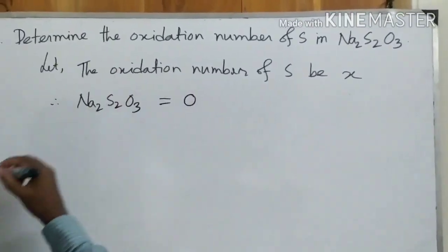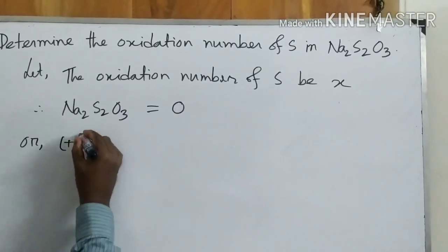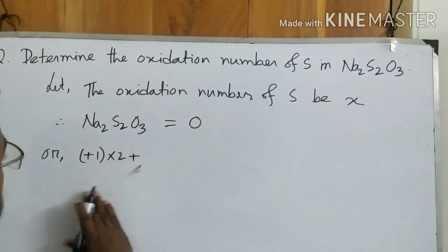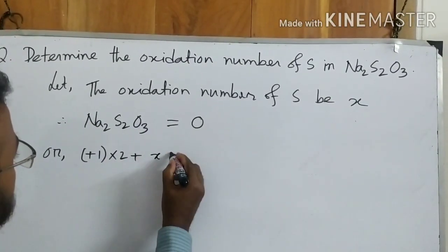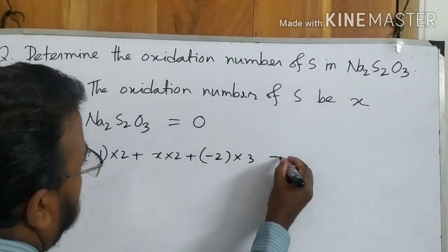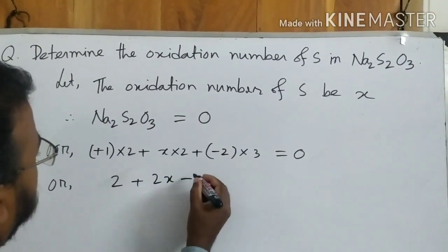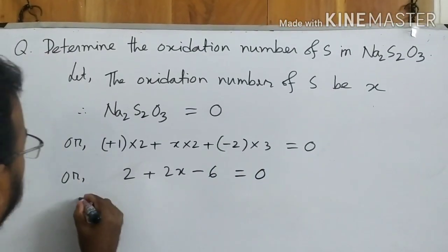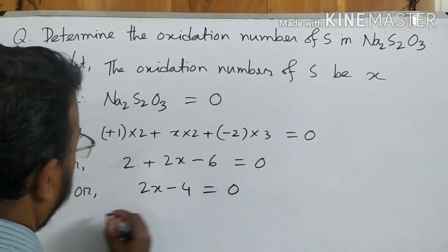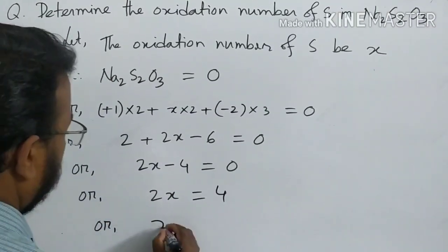Now therefore sodium thiosulfate, Na2S2O3, altogether oxidation number is 0. The oxidation number of alkali metal sodium is plus 1 into 2, then sulfur is X into 2, plus oxygen minus 2 into 3, equals 0. So it is 2 plus 2x minus 6 equals 0, or 2x minus 4 equals 0, or 2x equals 4, or x equals 2.